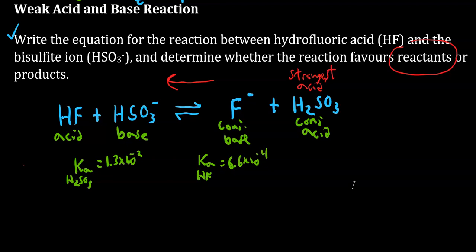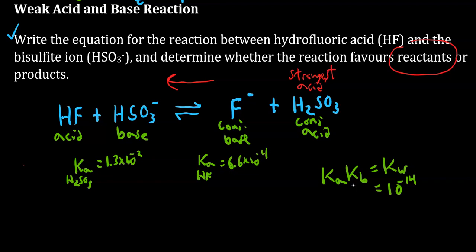To get the Kb value, which is the equilibrium constant for it acting as a base in water, we use this nifty equation, which is not too hard to derive: Ka times Kb equals Kw. At 25 degrees Celsius, Kw is very close to 10 to the negative 14, pretty much that within 3 sig figs.